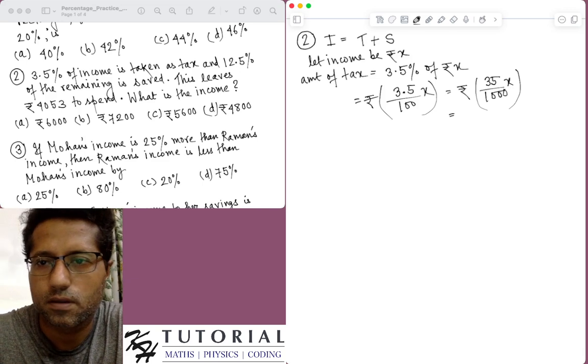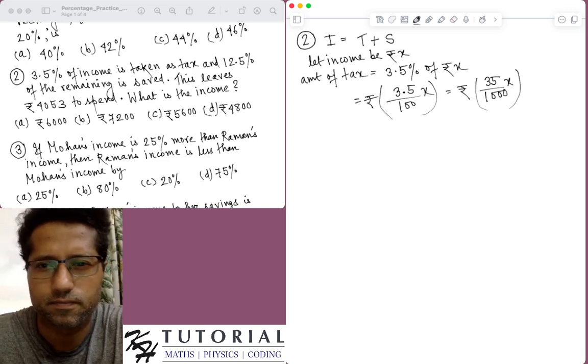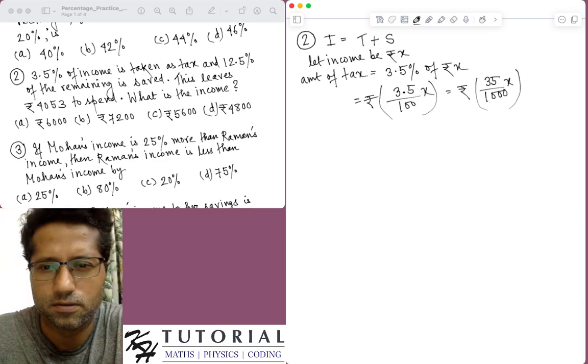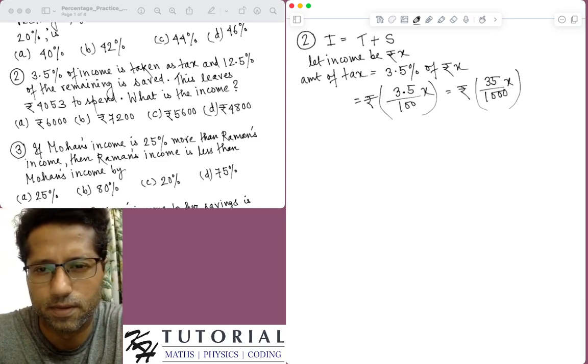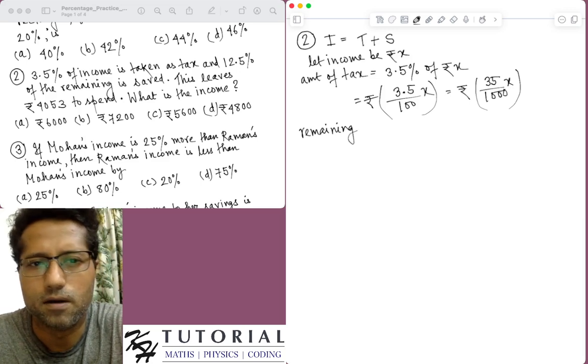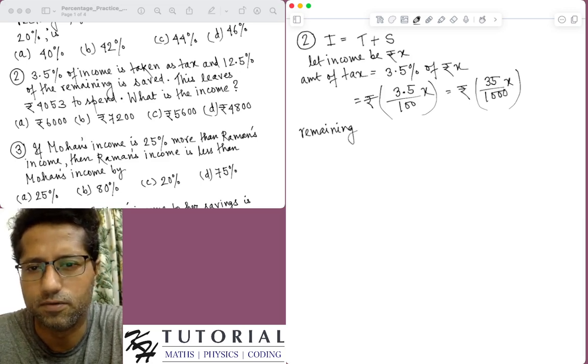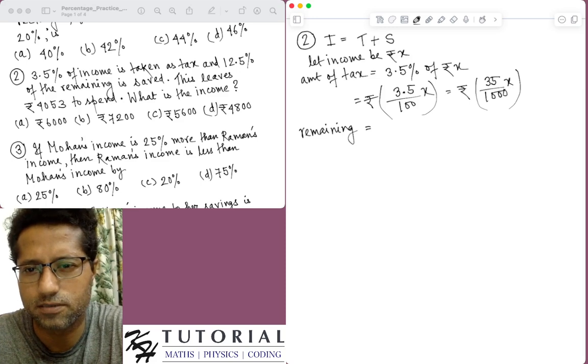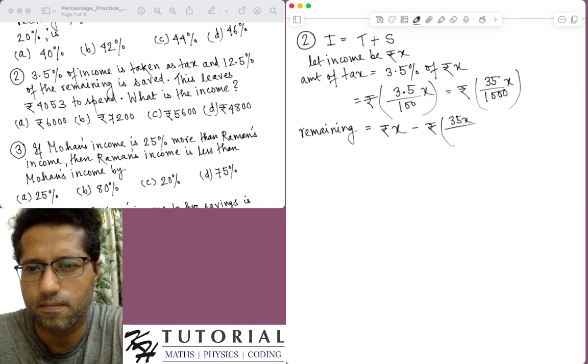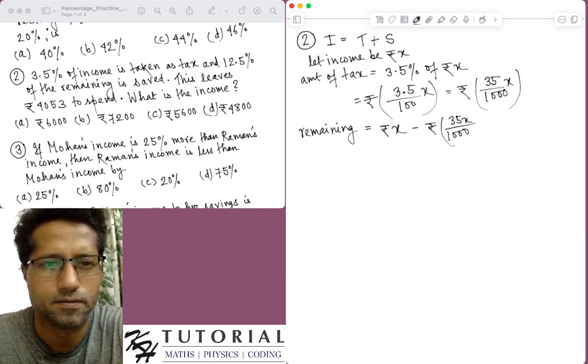So this is the amount of tax, and then 12.5% of the remaining. The remaining after the tax has been taken away from the income: income was rupees X, and the tax is 35 X by 1000.